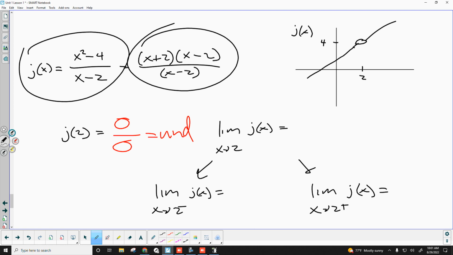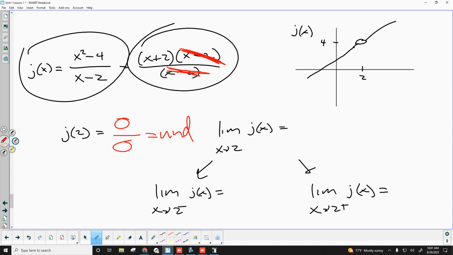What do you see? I don't have a point at 2. But I can plug in things that aren't 2. And if I plug in things that aren't 2, you can then cancel those x minus 2s. Because you're not going to get something that equals 0 on the bottom, but you'll get something that's close to 0.